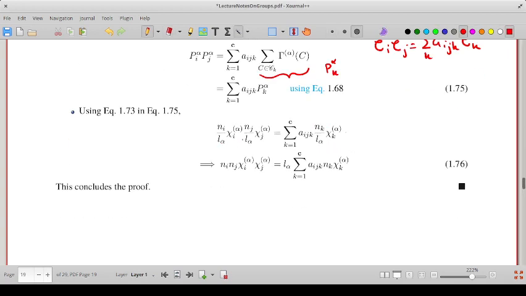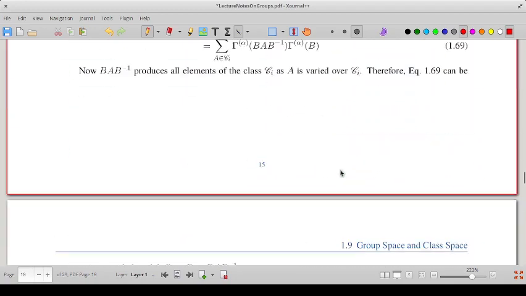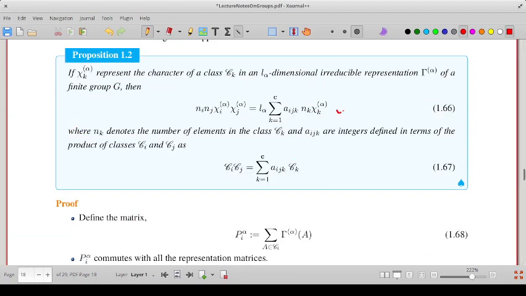Now cancelling one l_alpha from here and one from the right hand side and taking this to the right side, we will get the desired result, that is n_i n_j chi_i^alpha chi_j^alpha, that is this, equal to, this goes to the right side, so l_alpha times the sum over k running from 1 to c of a_ijk n_k chi_k. So this is the result that we set out to prove.